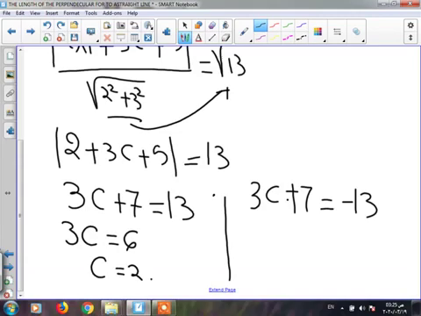And here 3C will be -13 minus 7, which is -20, so C will be -20 over 3. So we have two values for C.